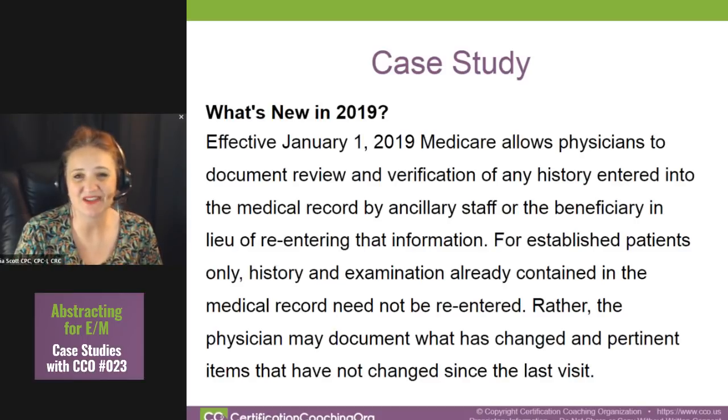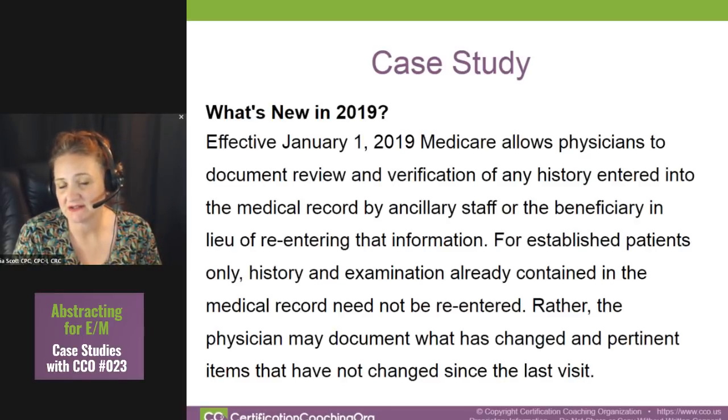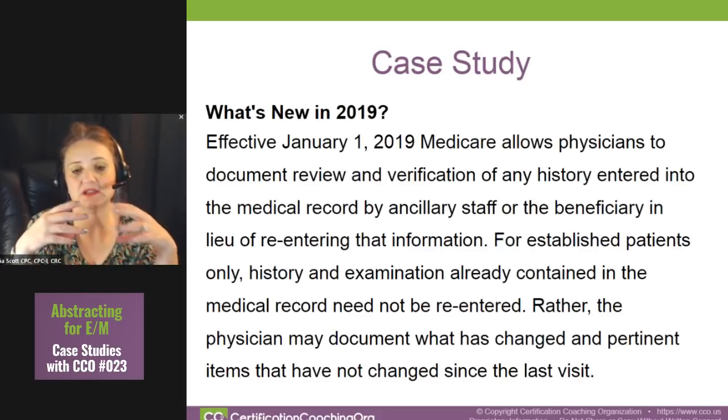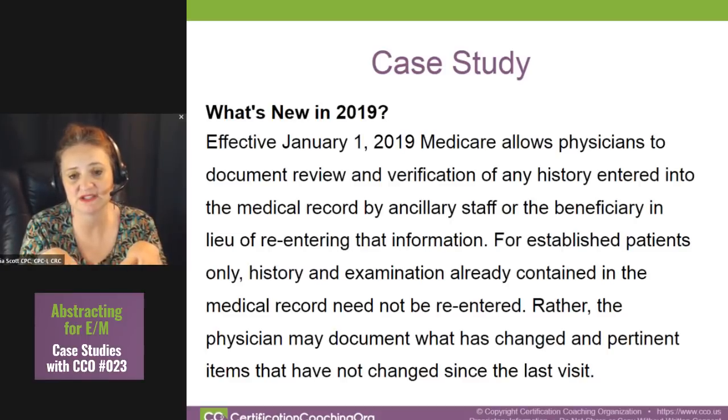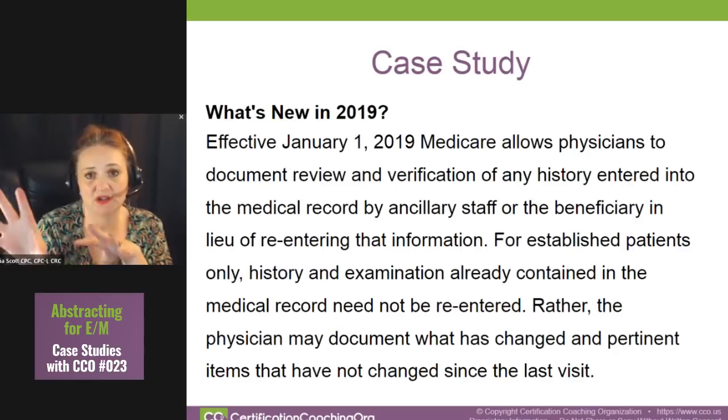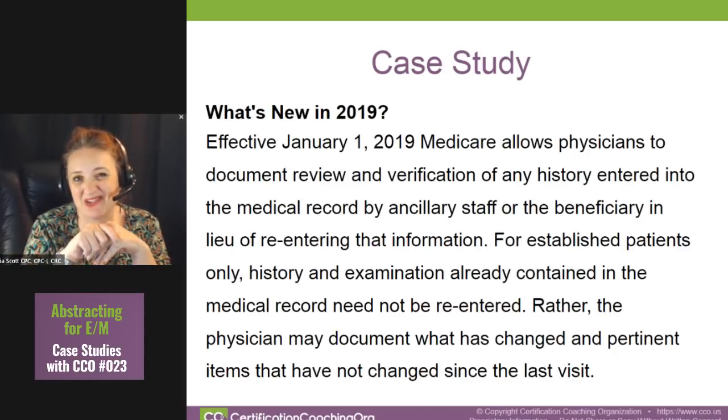So that's something we've never been able to do before. Medicare is saying more or less here that if you have an established patient and the nurse has documented all of this stuff, you can go back and refer to the nurse's note and don't have to retype that all in.